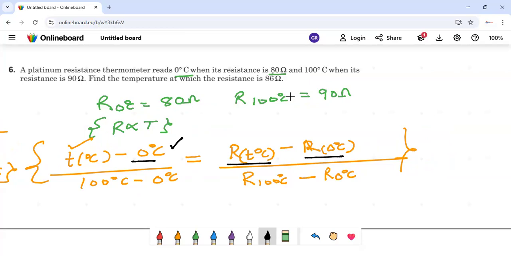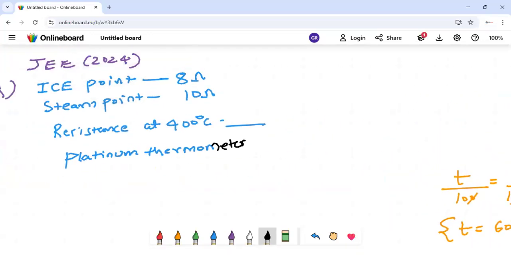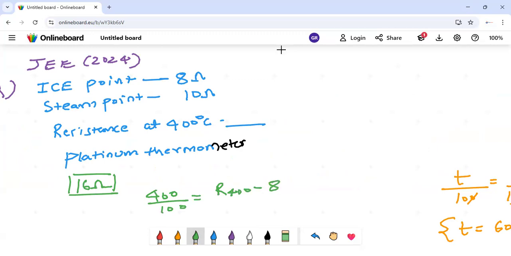This resistance you have to calculate. Steam point resistance is also given. So you put everything in and you'll get R T, where T is 400. Clear? Yes, sir, I made a mistake. Yes, Gaurangi, correct, beta. So the answer here, which all of you have given me, is 16 ohm. So we'll write 400 divided by 100 equals R 400 minus 8, divided by 10 minus 8.